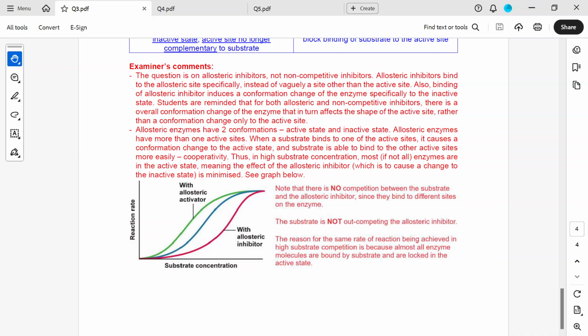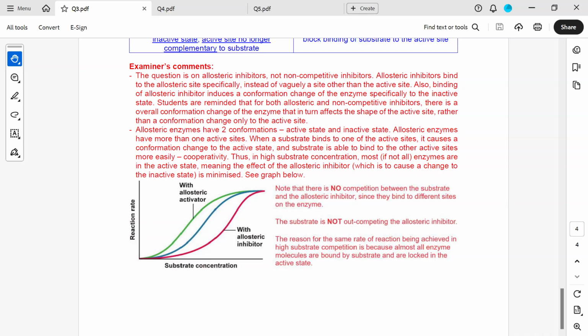So that's the cooperativity. So the allosteric enzyme has two states, as mentioned just now: the inactive state, which is stabilized by the allosteric inhibitor, and also the active state, which is stabilized by both the allosteric activator as well as by the substrate itself.